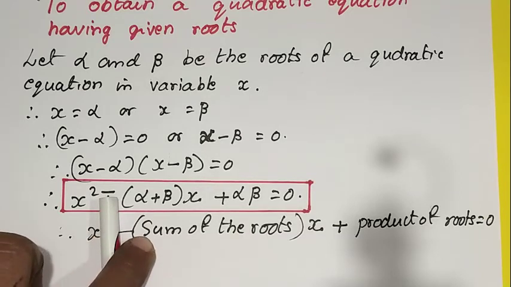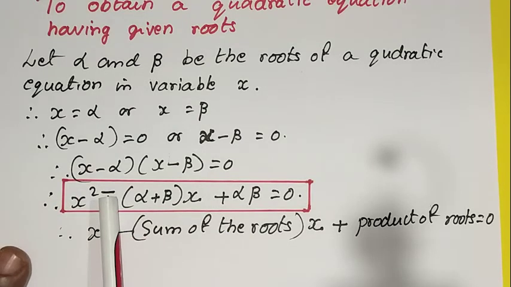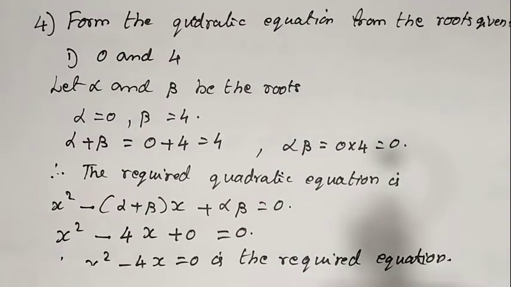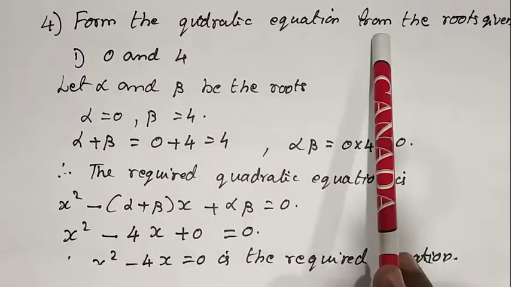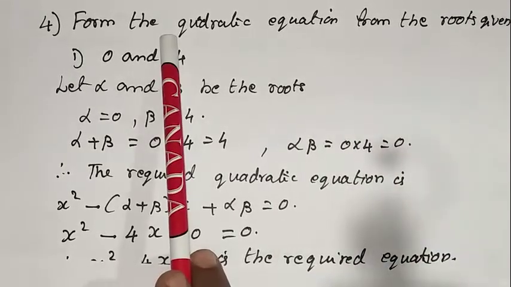So what is the equation? x square minus sum of the roots into x plus product of the roots equal to 0 is the formula. So we can get a quadratic equation if we know the roots of the quadratic equation. From the roots, we can write a quadratic equation.